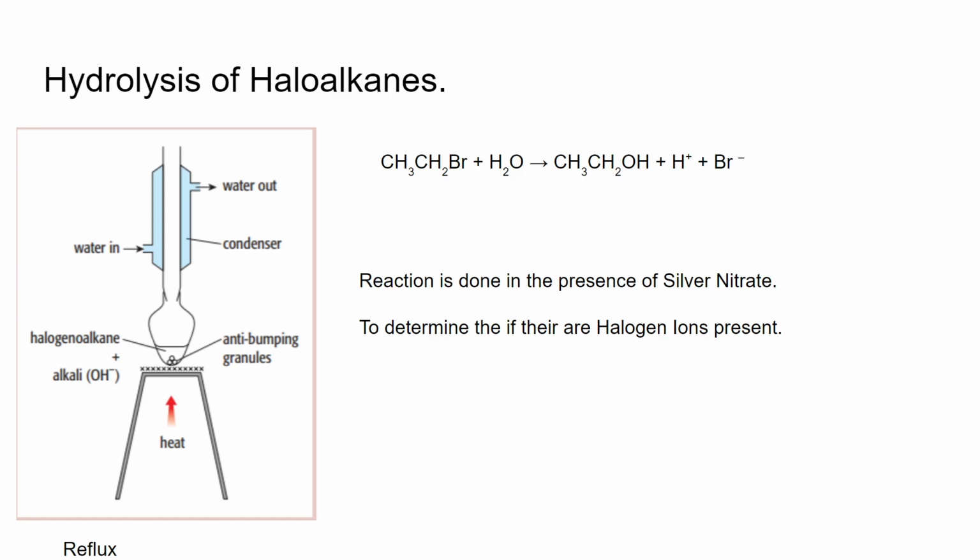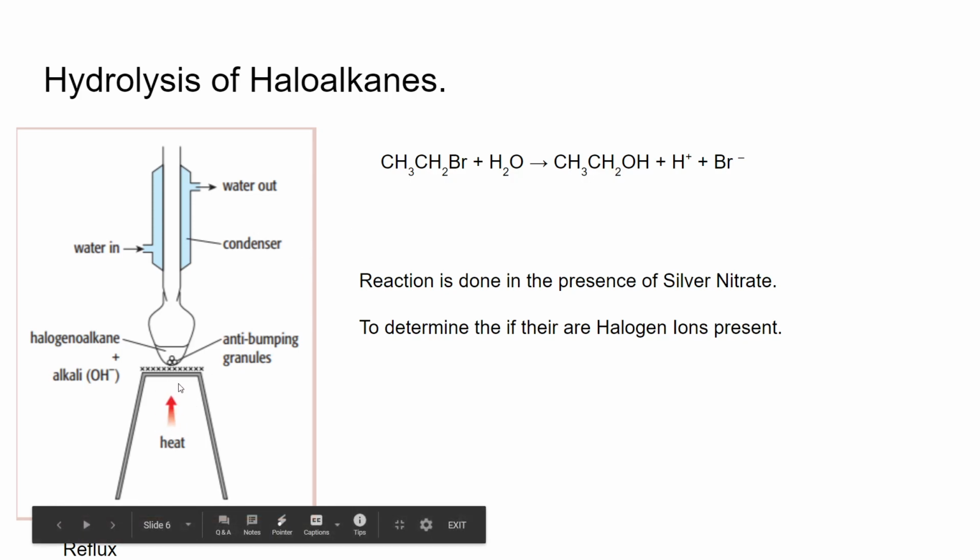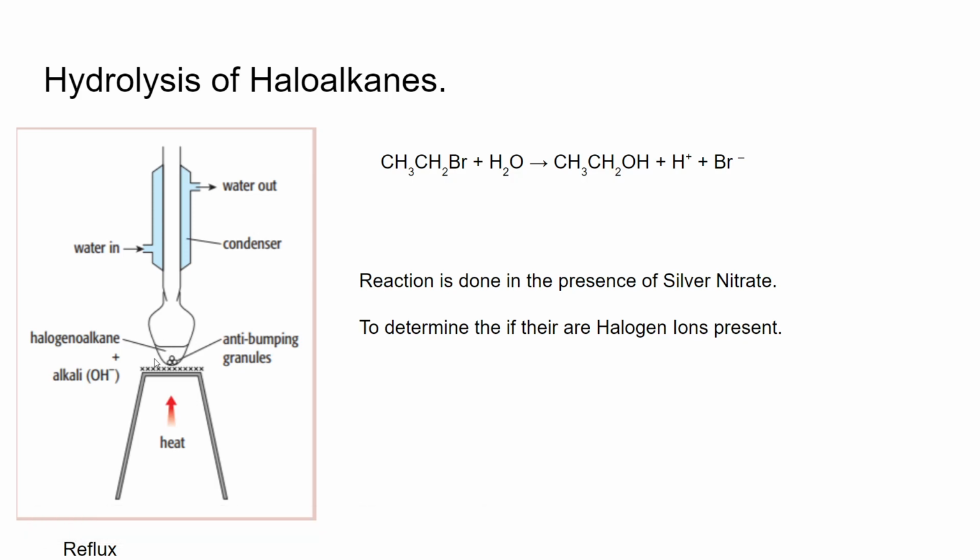Remember, most organic compounds have a very low boiling point, and because of that, we don't want to lose our products to the air. So our reflux setup has some sort of heat source. We'll have our reaction vessel here, and we'll typically have some boiling stones in there, which help make sure that the heat is evenly distributed.